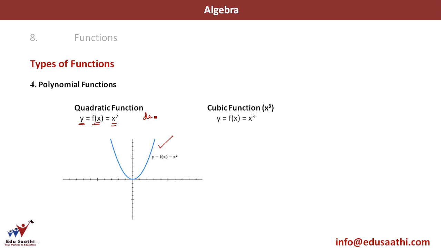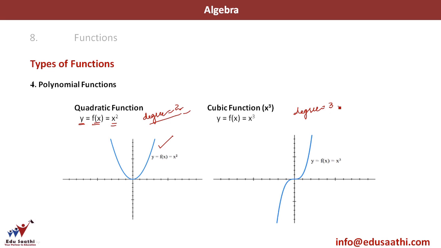The functions are defined on the basis of their degree here. So the degree of a cubic function would be degree 3, and a graph of a cubic function would look something like this. We have done quadratic and cubic in detail in the previous lecture on algebra.